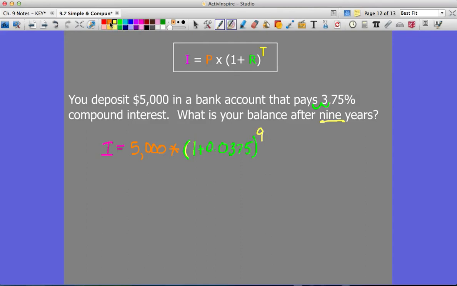The order of operations tells me that what I need to do is solve the parentheses first. So I bring down everything that I haven't used. In my parentheses, I get 1.0375, and that is still to the ninth power.